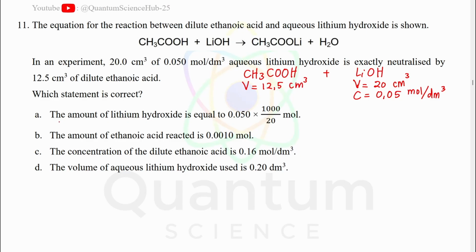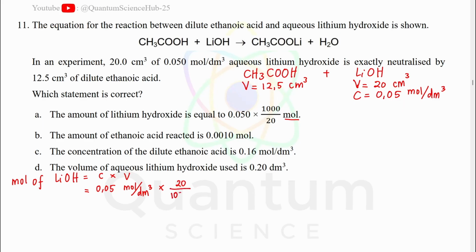Now, let's check option A. The amount of lithium hydroxide is equal to this mole. Okay, the unit is in mole. So how to find the mole? Mole of LiOH equals concentration times volume, right? So the concentration here is 0.05 mole per dm cube and then times 20. Remember this unit is in centimeter cube, so you need to change it into decimeter cube.